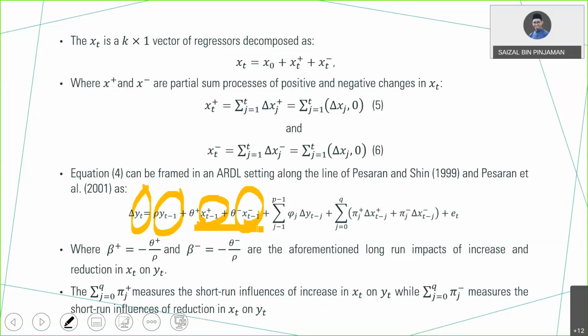But in the NARDL, we include the asymmetry of the independent variable to form the NARDL. Apart from that, you can also see that we have this different dependent variable in lag values. So this is the same as in the ARDL model.